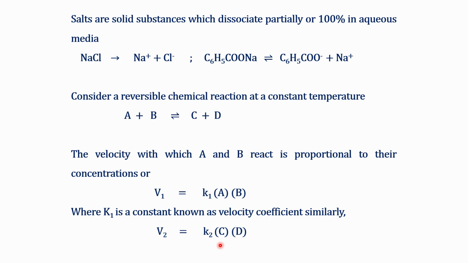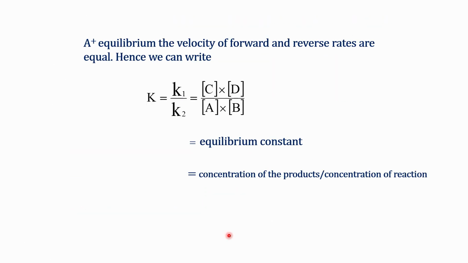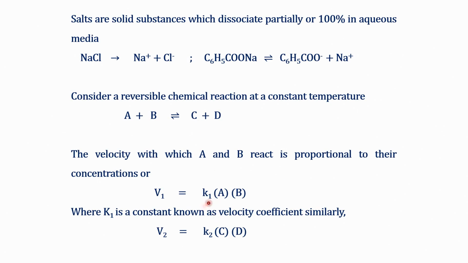Similarly I can write V2 = K2 [C][D], that is the reverse reaction. So, C + D is also going to A + B now. For this reaction I can write another equation like this. Then at equilibrium, the forward reaction should be equal to the backward reaction.